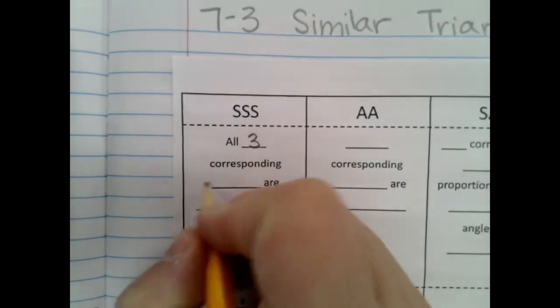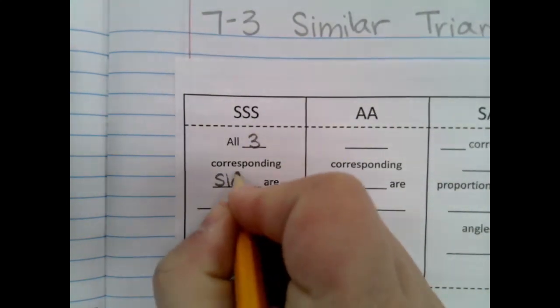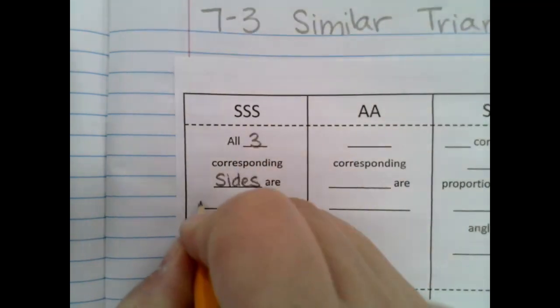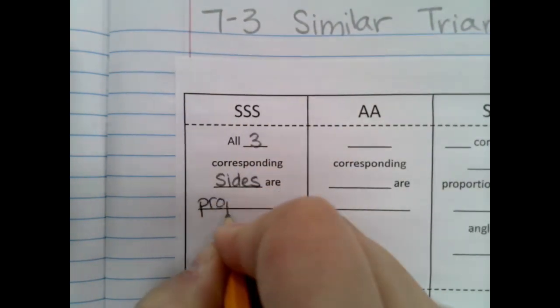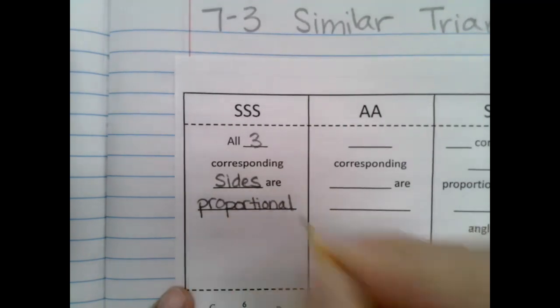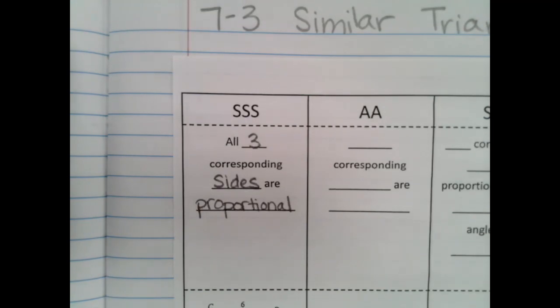All 3 corresponding sides are, and then we're going to say proportional. So they're not congruent, they're going to be proportional as we work through.